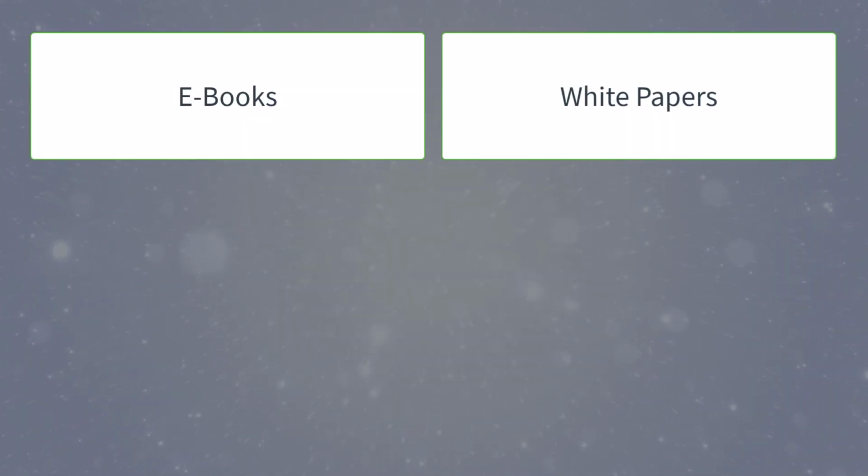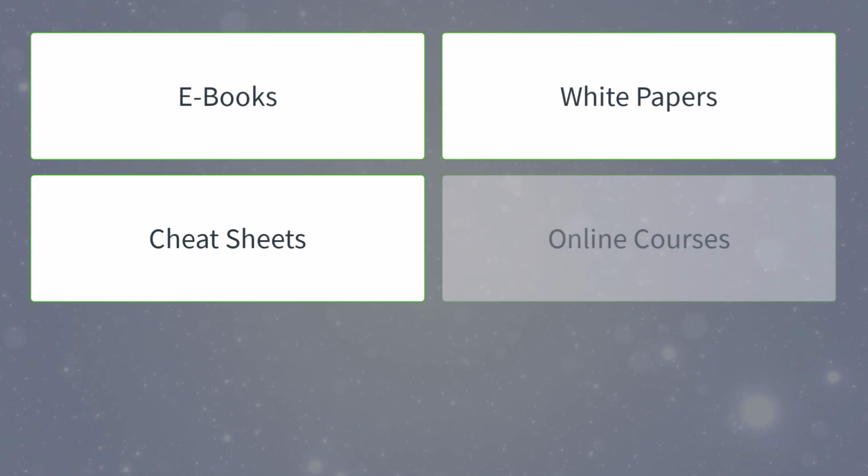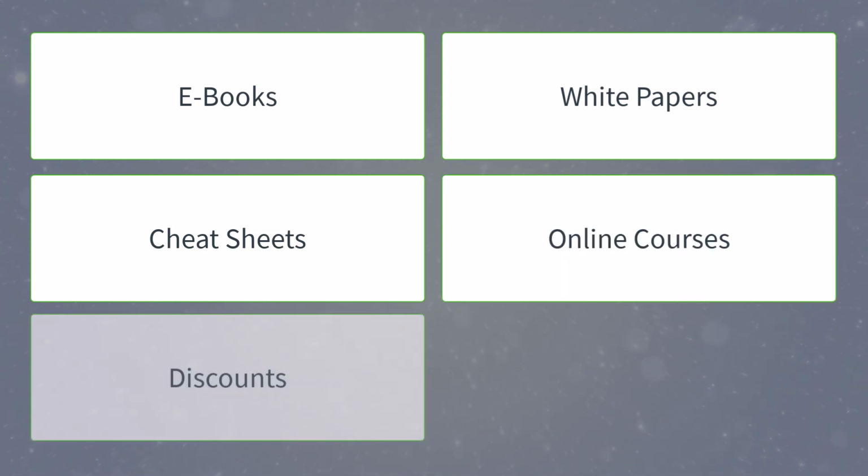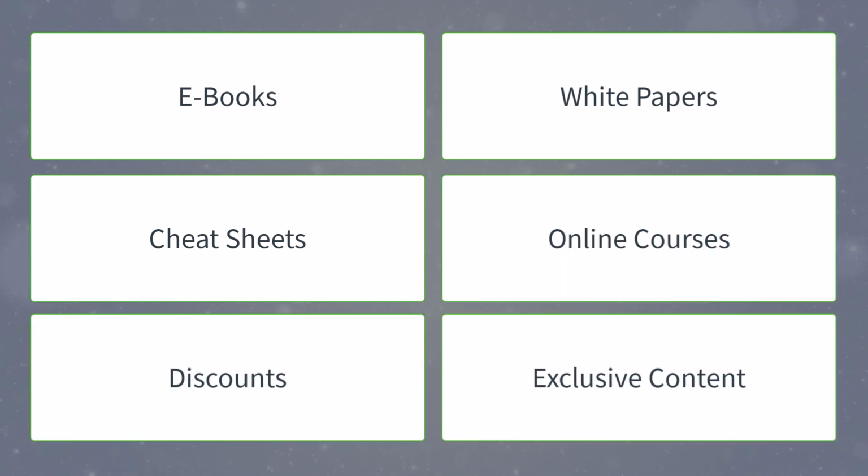And the incentive should provide immediate value to your readers. Some popular options are ebooks, white papers, cheat sheets, online courses, discounts, or exclusive content. The right lead magnet is going to vary depending on your blog's topic and your target audience.